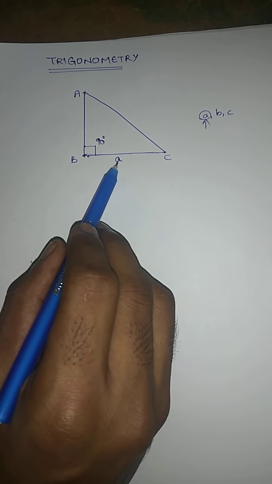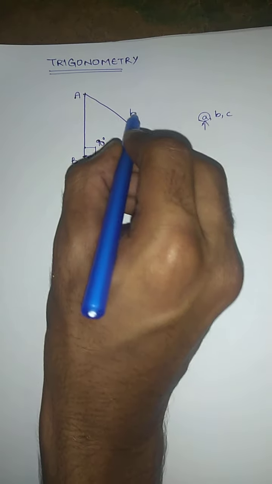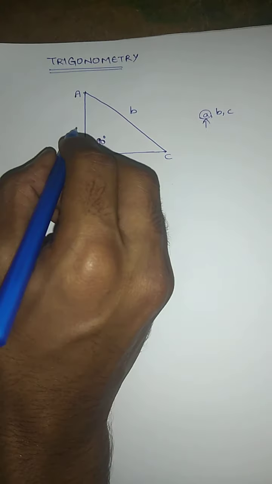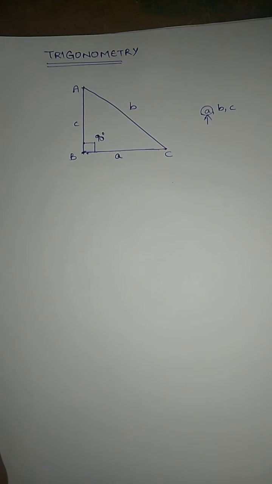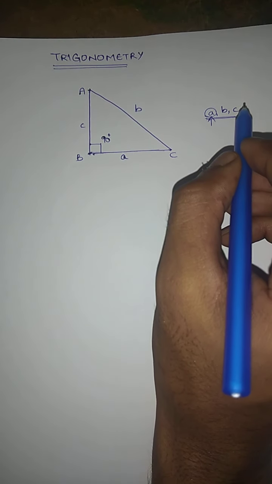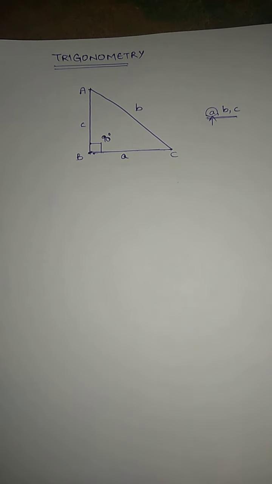The small a must be exactly opposite to the vertex A. We need to place b here because the side opposite to vertex B is this, and we place small c here because this is exactly opposite to vertex C. Remember this. These sides cannot be kept wherever you want.